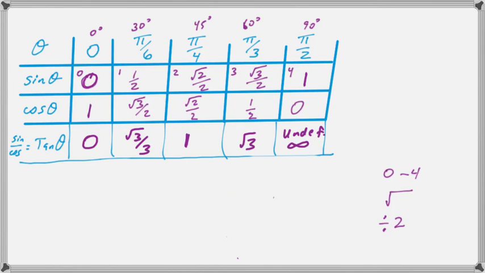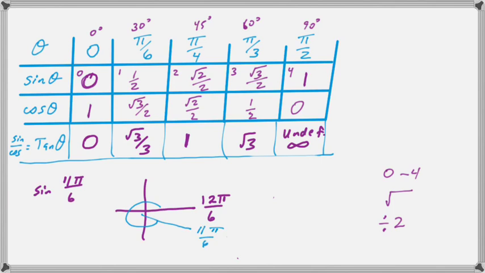The only thing you might have to do is adjust them for other quadrants, such as the sine of 11 pi over 6. A complete circle is 2 pi, which could be 12/6. 11/6 is how much less than 12/6?